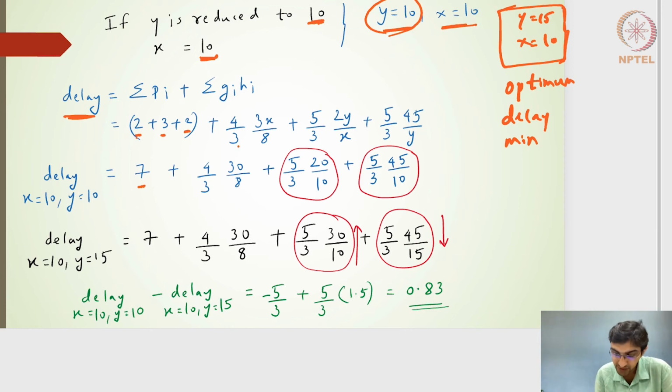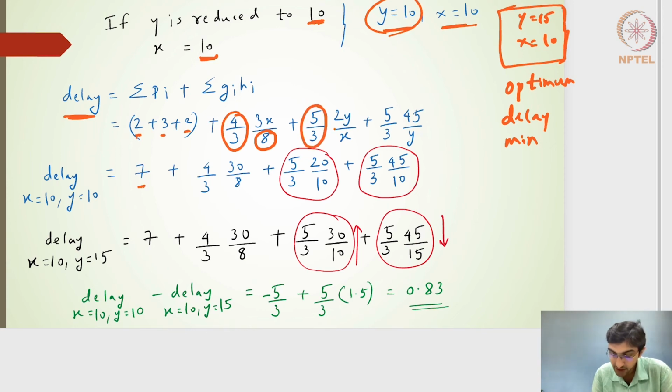So the summation: the very first stage is 4 by 3, the logical effort of the 2-input NAND gate. That is the first stage. 3 branches, so 3 into X divided by 8, 8 being the gate size that has been given, plus 5 by 3, the second stage, the 3-input NAND gate.